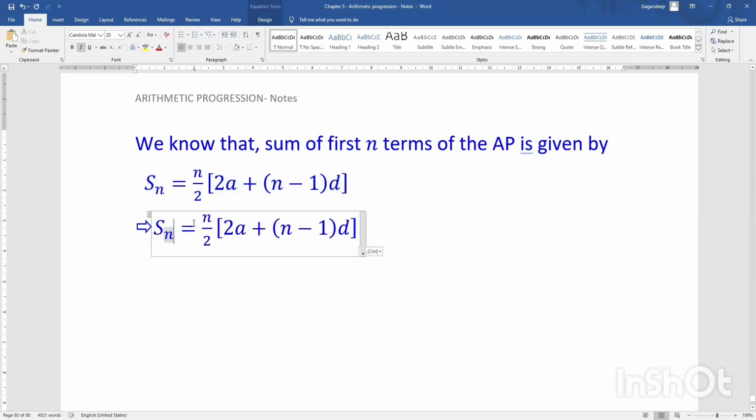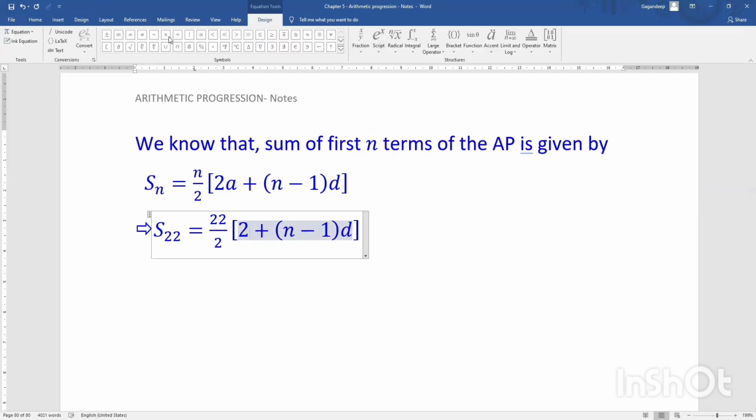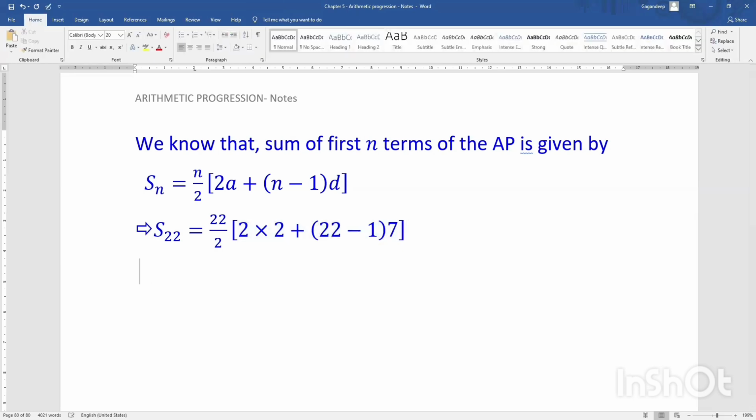S22 is nothing but 22 by 2 into 2a, so 2 into 2, plus n minus 1, where n is 22, so 22 minus 1 into d, where d value is 7.